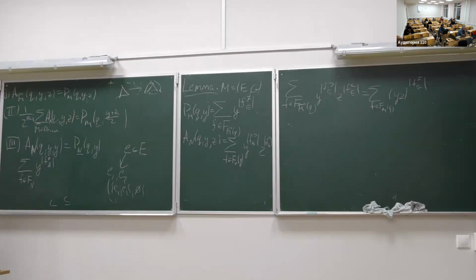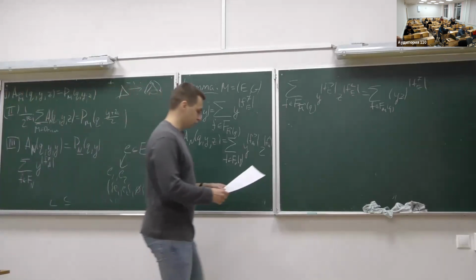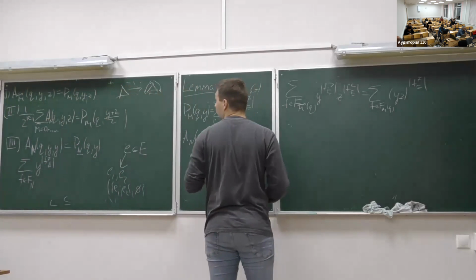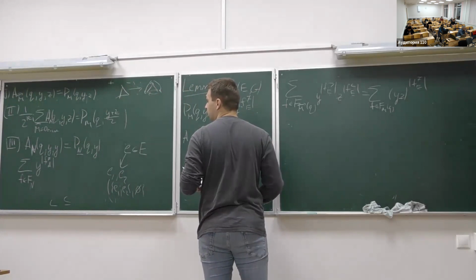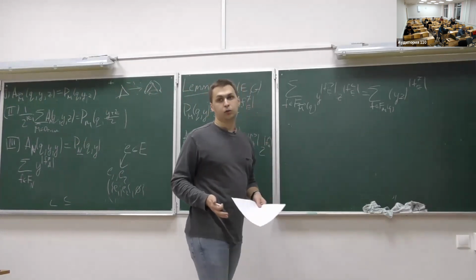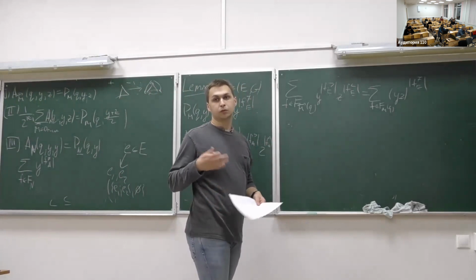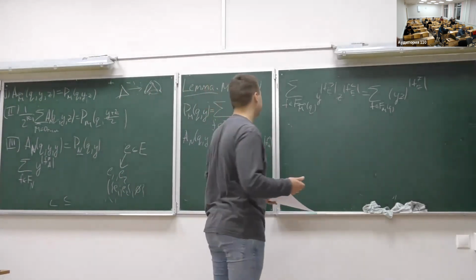Proof. Well, yes, right. So we take a sum over all orientations of that. So we took a non-invariant matroid, then took a sum over all its orientations.